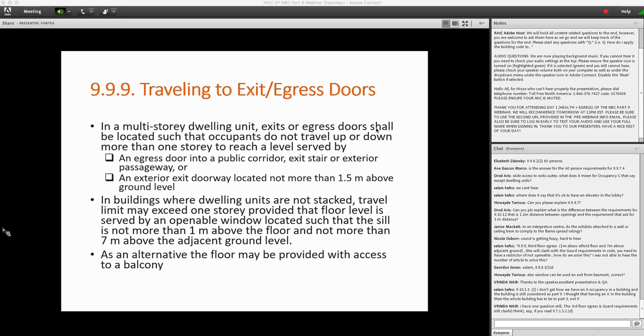Question number 35. Side access to exit suites. What does it mean for occupancy C that says except dwelling units? Yeah, so what we mean by except dwelling units is the code has very specific provisions for egress from a dwelling unit.